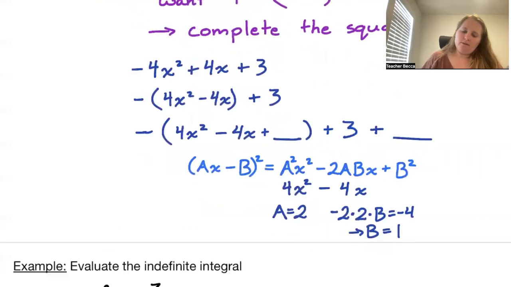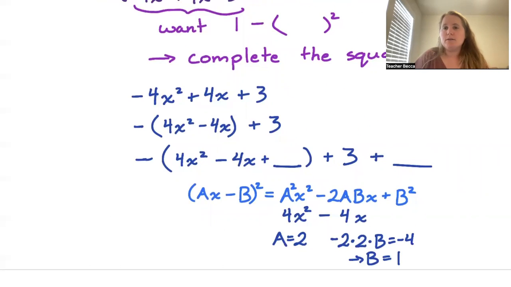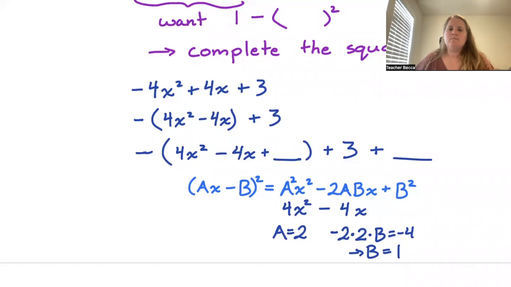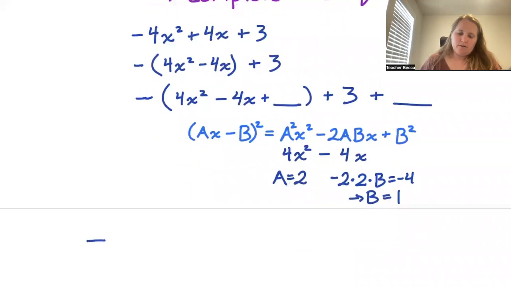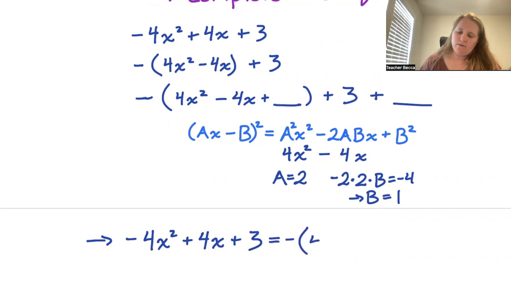So that means I need to give myself a little more room. I apologize. At this point, negative 4x squared plus 4x plus 3 is equal to negative, then parentheses, 4x squared minus 4x, and we just figured out we needed plus 1.